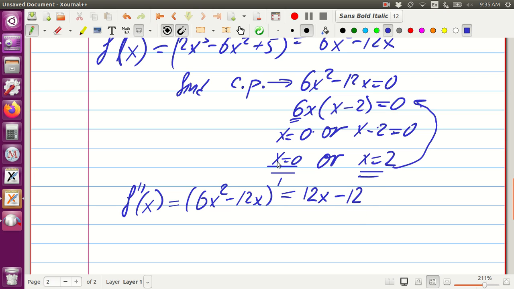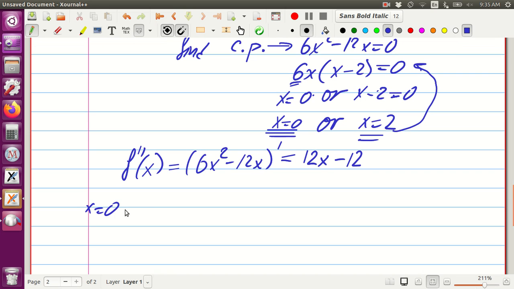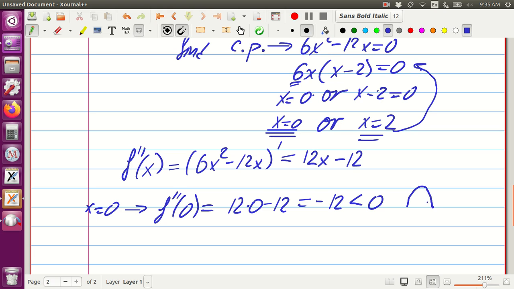Now we have to take x equals 0 and plug it into the second derivative. So we're going to get 12 times 0 minus 12, which is negative 12, which is less than 0. So our function is concave down, and our point is on the top.